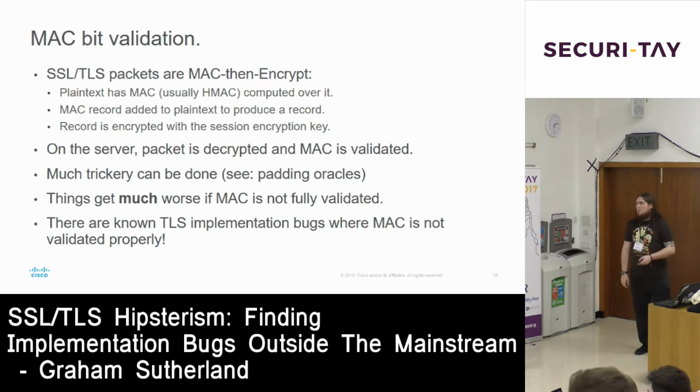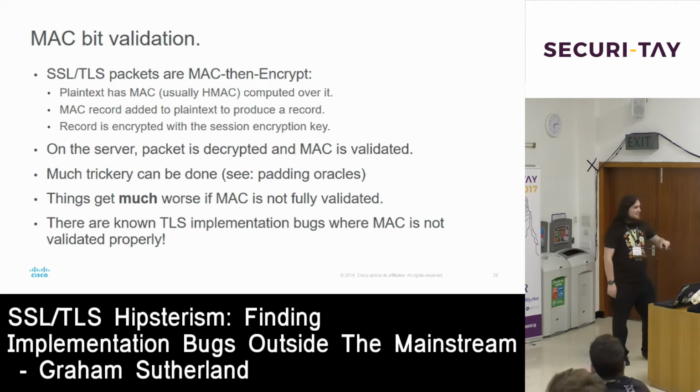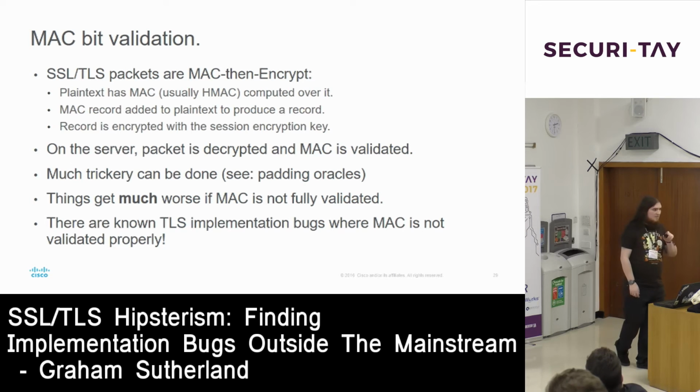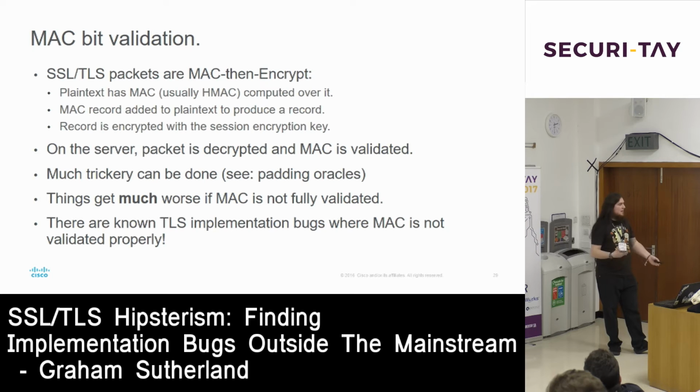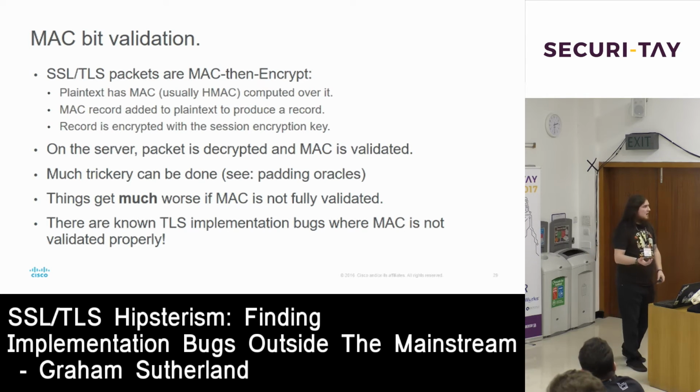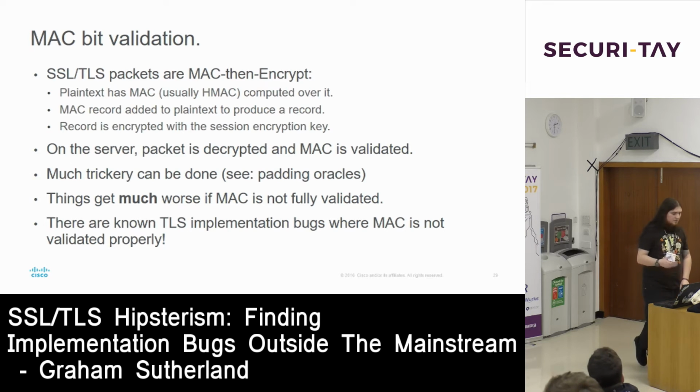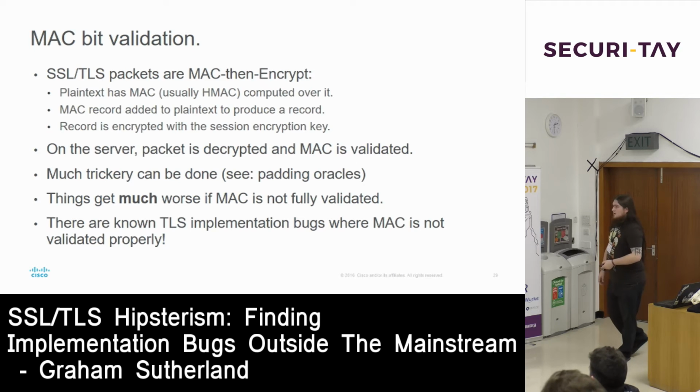And the problem is that because you have to decrypt the message to get to the message authentication code, any discrepancy in how that is decrypted leads to a side channel that you can use to determine something about the plain text. So, for example, BEAST was based on that. So, yeah, you can use that as a padding oracle. So it's a bad idea. Hence why I say, much trickery can be done.